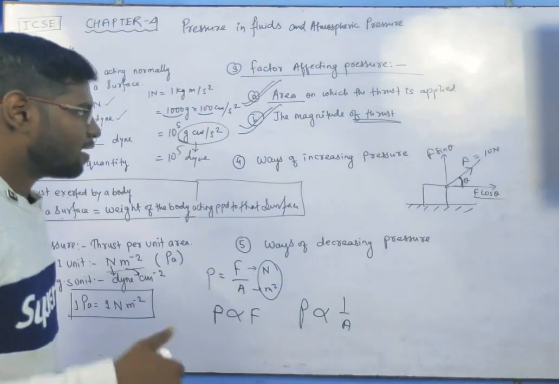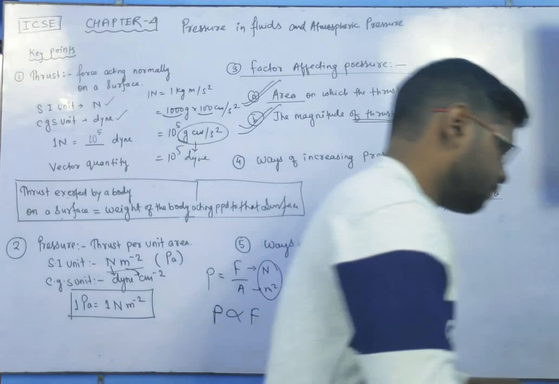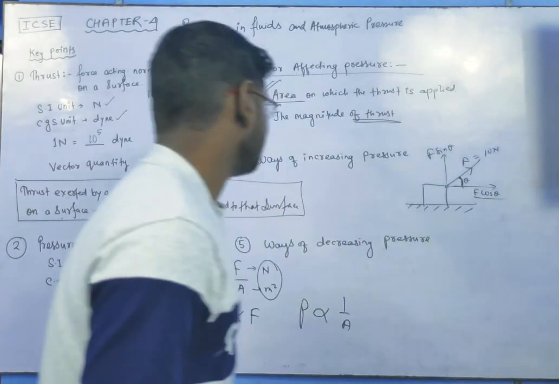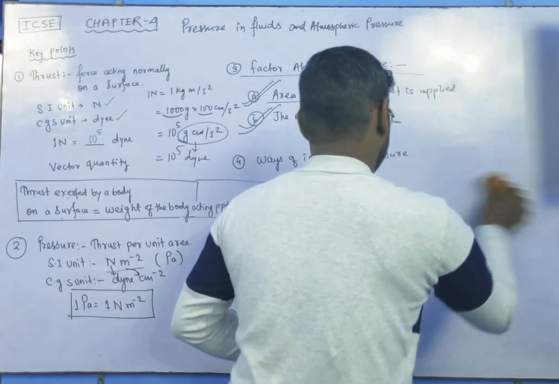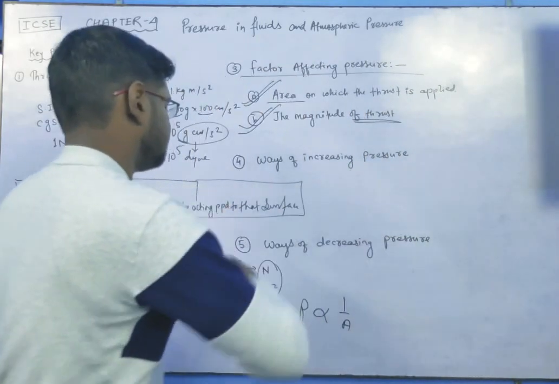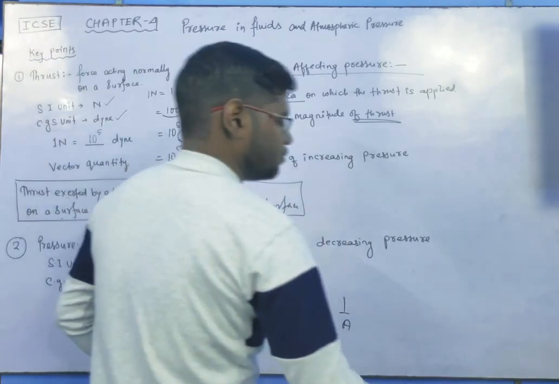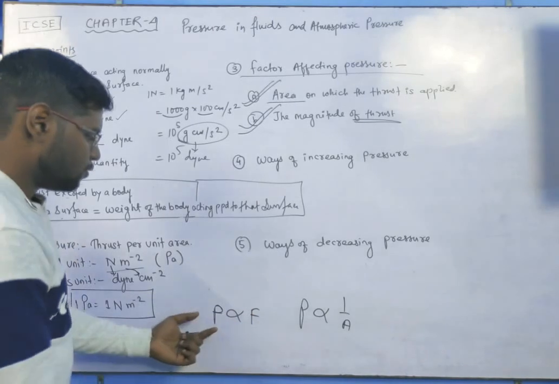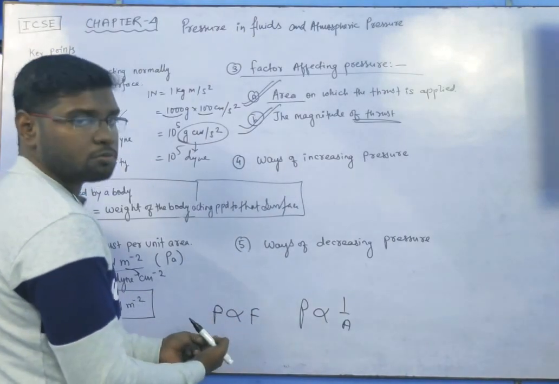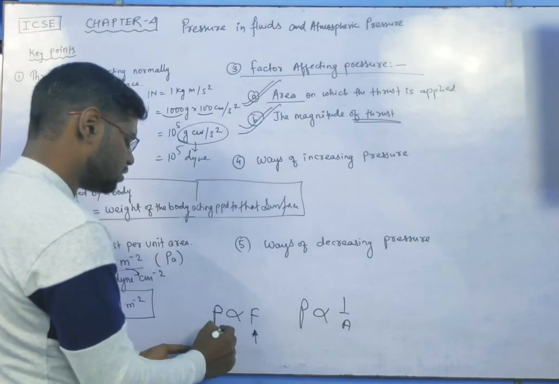Right now we will move on to point number 4 and point number 5. The question is, how can we increase the pressure? We have to focus on these two formulas. You can see that force is directly proportional to pressure. If we increase the value of force, then definitely pressure also increases.